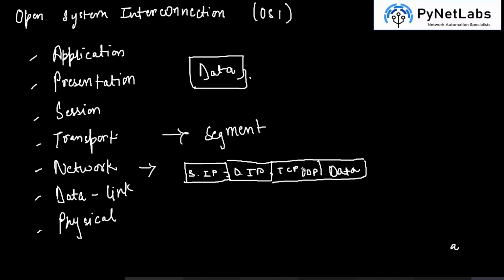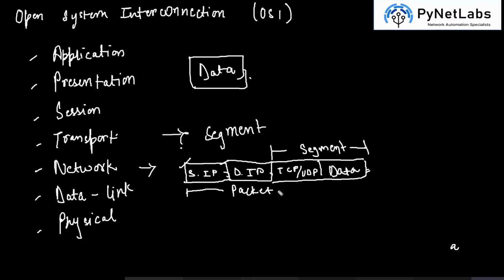Okay, so we know that this part of data was known as segment, and this data is carried from the application, presentation and session layer, right? Then after reaching the network layer, it is attached with source IP and destination IP, and this as a whole is known as a packet.